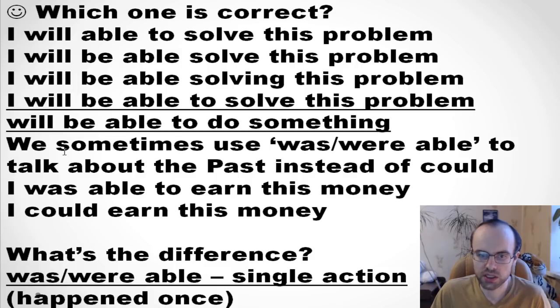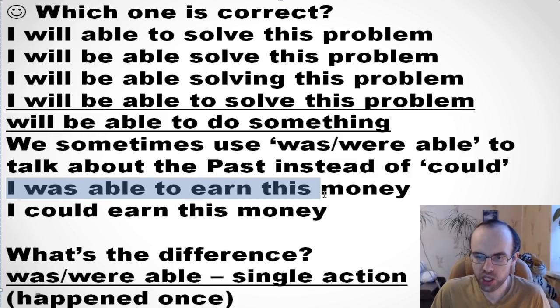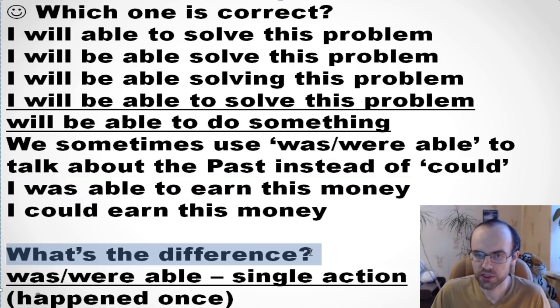You see, we sometimes use was or were able to talk about the past instead of could. Look, I was able to earn this money, or I could earn this money. What's the difference? Really, it's a good question.